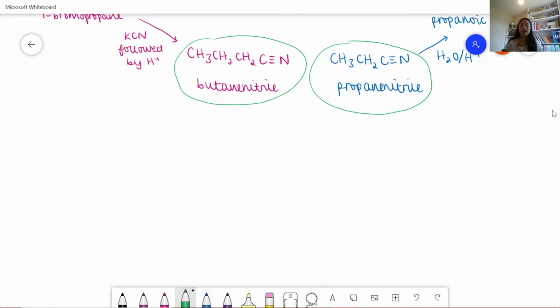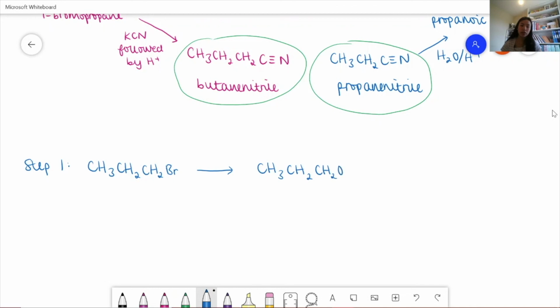So what we have is that for step 1, we have 1-bromopropane, so CH3, CH2, CH2, Br, and this will form our CH3, CH2, CH2OH, which is our propan-1-ol.